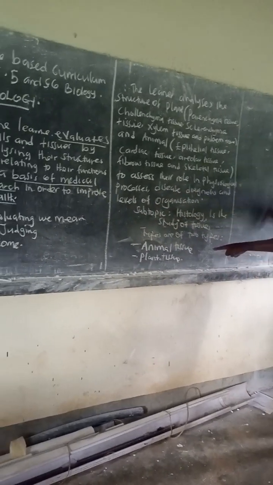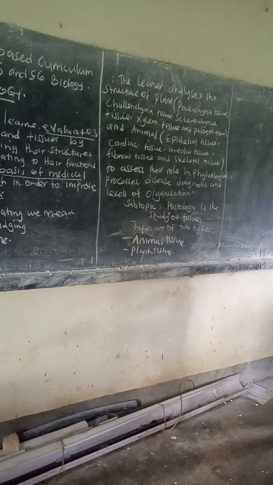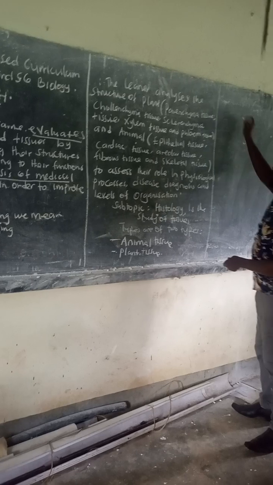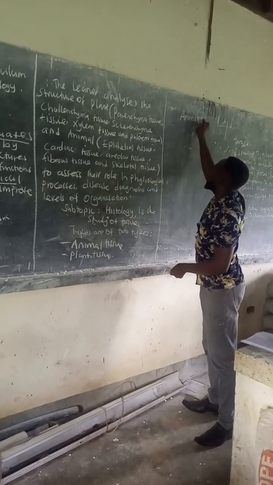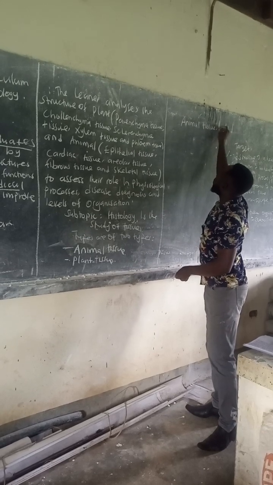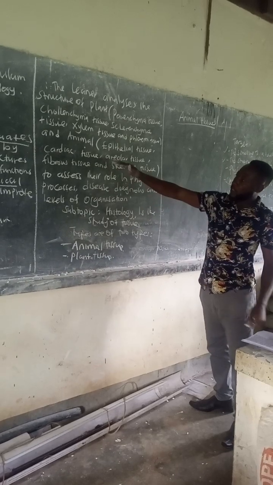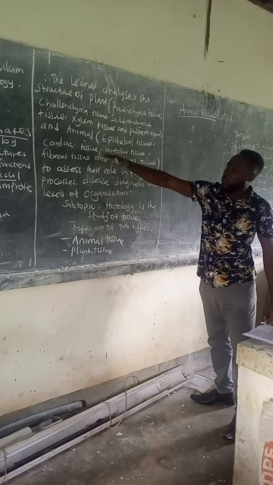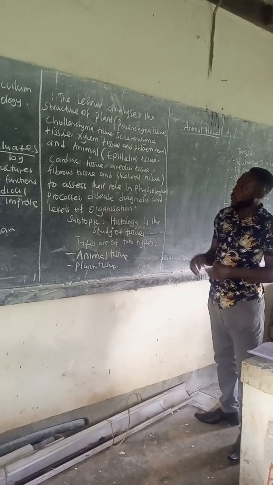Now, as we are coming to types of tissues, we have already said that among the types of tissues, we have animal tissue and we have plant tissue. So, for the lesson of today, we want to start with animal tissue, and it is well stipulated that we are starting with the epithelial tissue, the cardiac tissue, areolar tissue, fibrous, and the skeletal tissue.